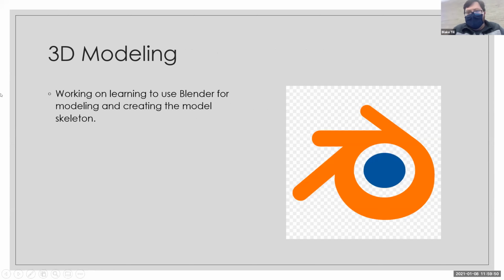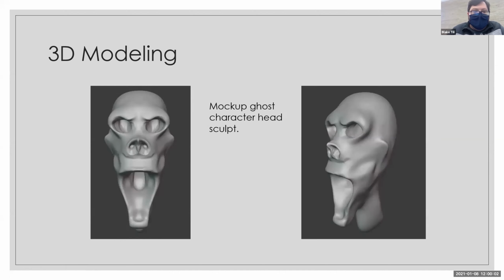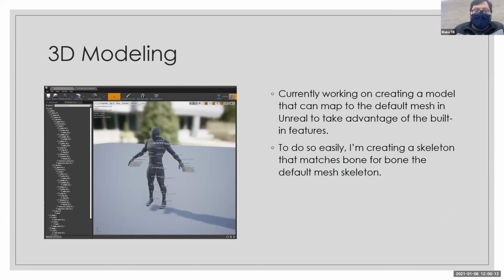So I've spent about a week kind of getting acquainted with Blender. It's not too bad. It's a little bit easier to use than Maya, so not been terrible. This is just sort of a mock-up of a ghost character I was sculpting while I was getting acquainted with the system. What I'm working on right now is building the player character model.